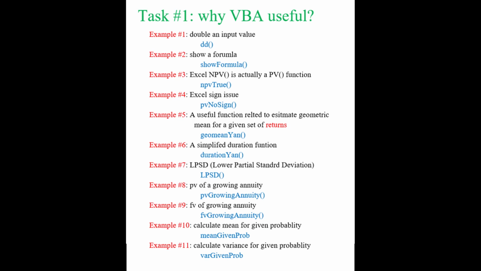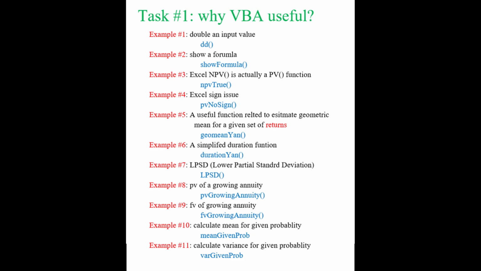Task number 1. Why Excel VBA is useful. The first example, I think probably the simplest one. We can double the input. So actually, you can use your own name, DD. Example number 2. Show a formula. This is one of the most useful functions.